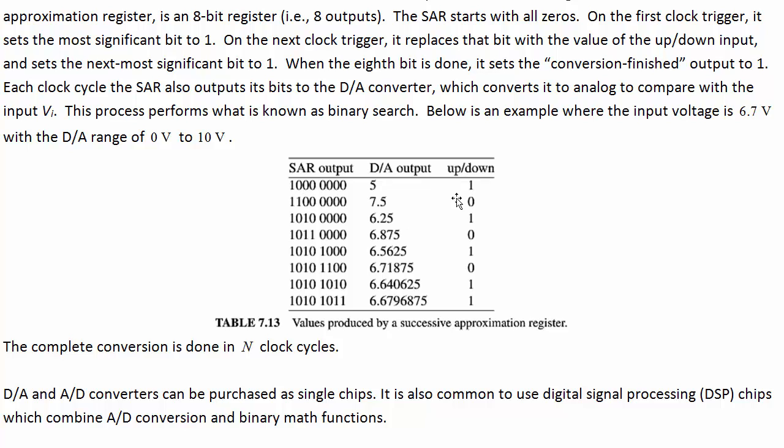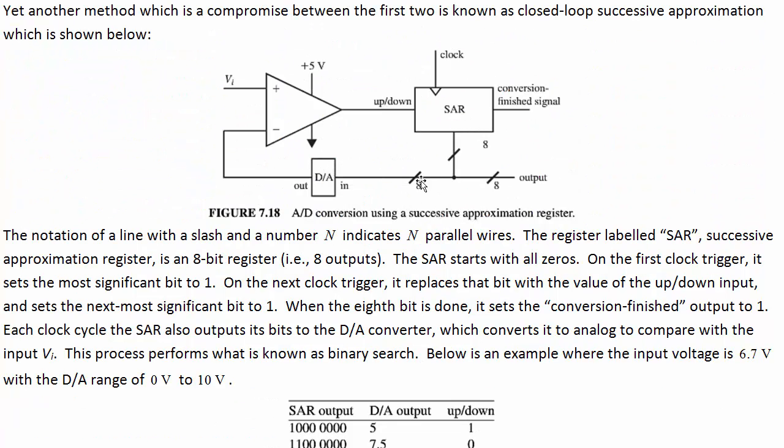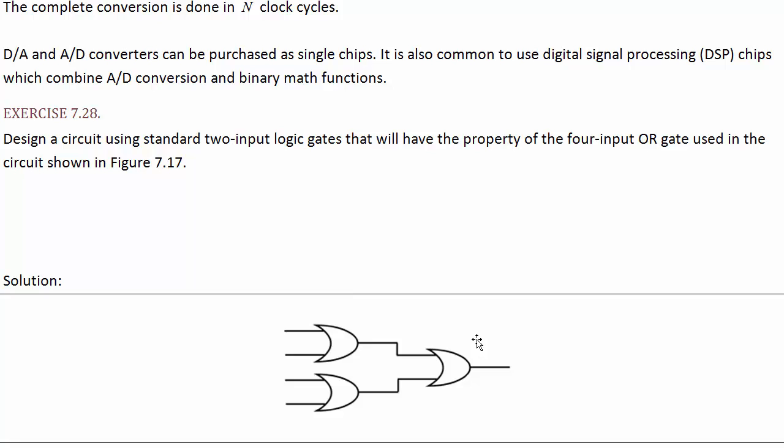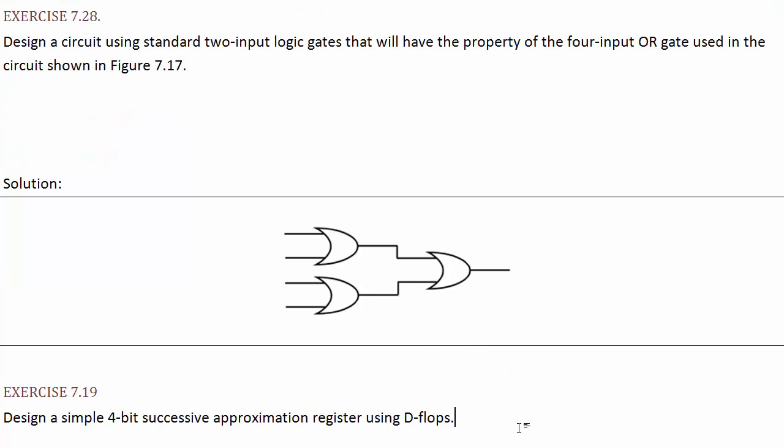Then, based on an input bit of 1 or 0 that it generates from the comparator after D-to-A-ing its output, it either leaves that first bit a 1 permanently or sets it to a 0 if the comparator bit was a 0, and then moves on to the next bit, sets that to a 1 initially, and adjusts it, moving on to the next bit, adjusting that one, and then we're done. Okay, so give that a shot. You'll probably need to use 8 D-flops to do this.